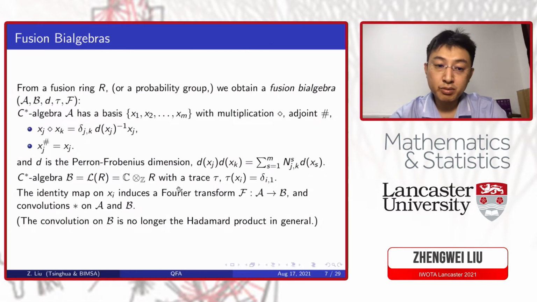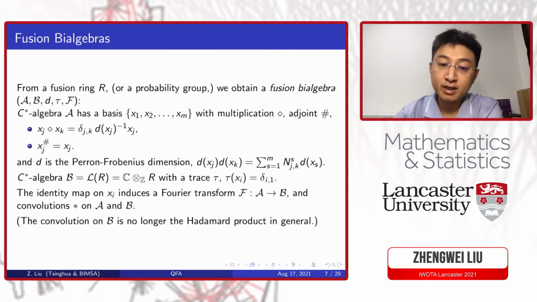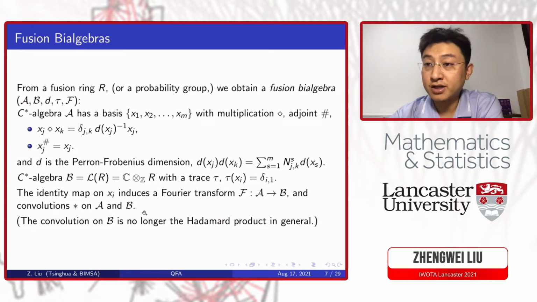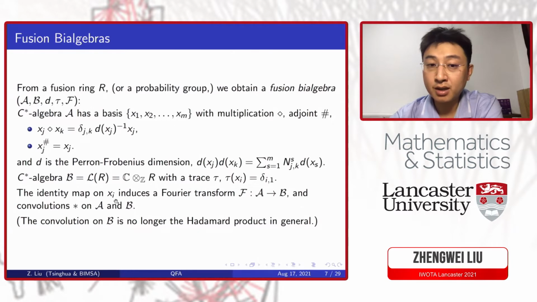And with those proper measurements, we can also define the Fourier transform as an identity map from the A algebra to the B algebra. And then first one can check it preserves the two norm. So it's a unitary operator. And one thing we need to be careful about is that on the two different sides, we get not only the multiplication, but also the convolution induced from the Fourier transform.